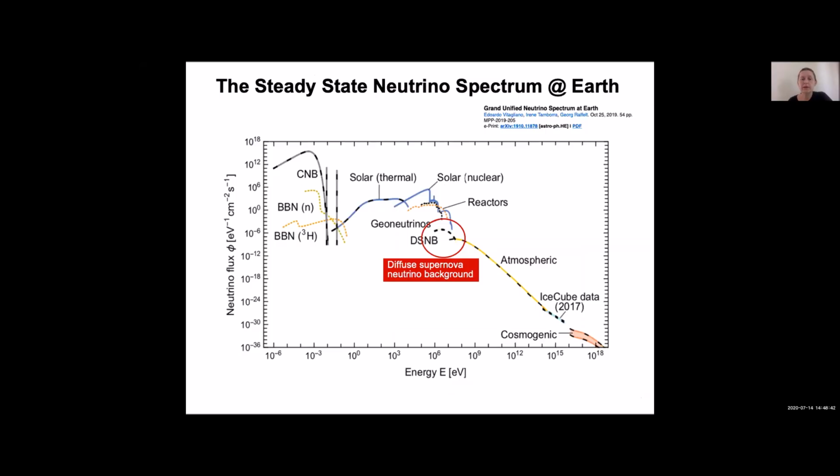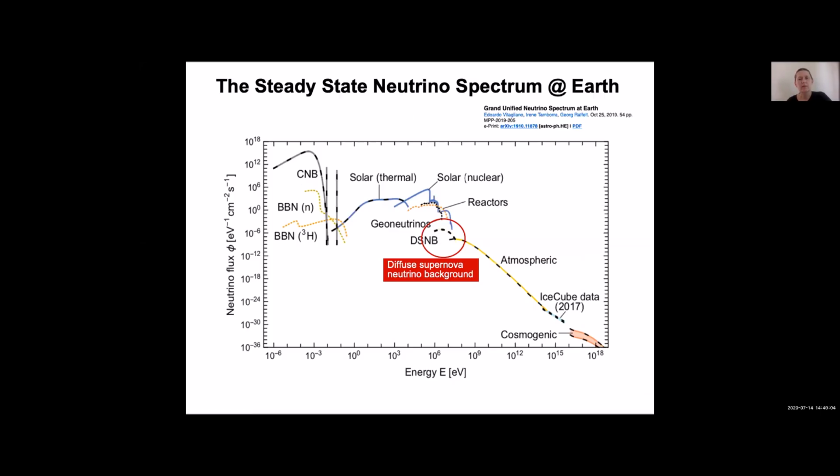So here's a nice spectrum of the steady state neutrino flux, the so-called grand unified neutrino spectrum at Earth. And there are actually supernova neutrinos in here. There's the diffuse supernova neutrino background in the range of around a few tens of MeV. Now what I'm actually going to talk about here is the core collapse.